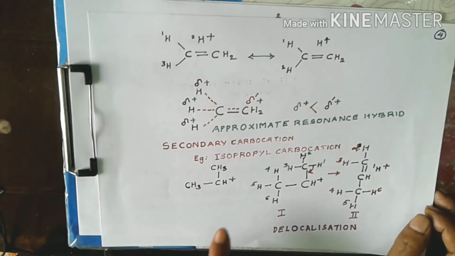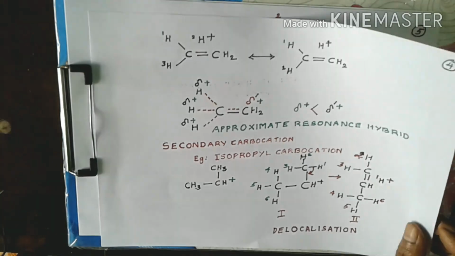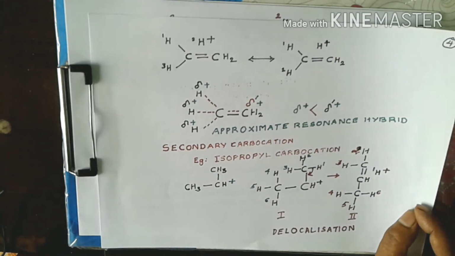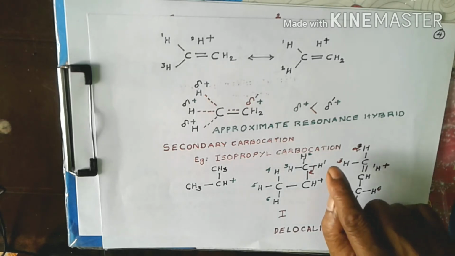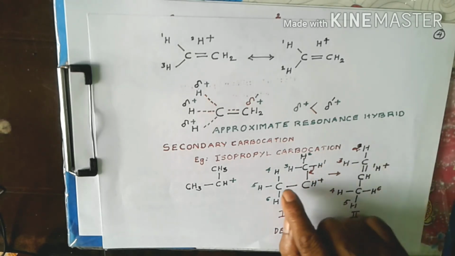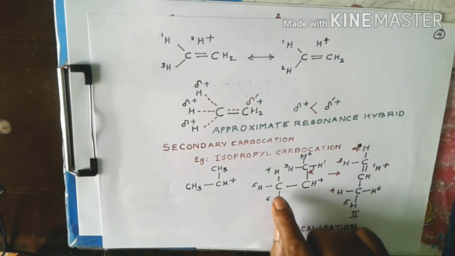So, for isopropyl carbocation, we have altogether 6 canonical structures, and we can understand this number 6 by counting the number of hydrogen atoms on methyl groups connected to the positive carbon.